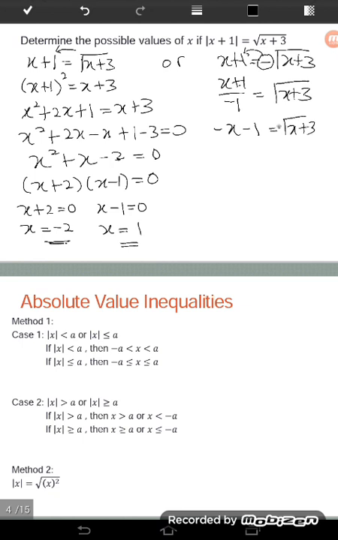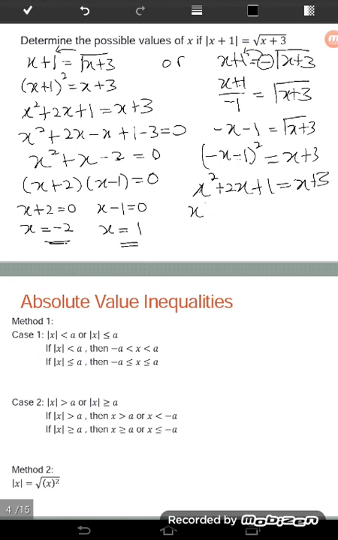Okay, so next move square root, so you will have negative x minus negative 1 square is equal to x plus 3. Okay, so expand negative x square, 2 times negative 1 times negative x, positive 2x, so negative 1 square positive 1, which is equal to x plus 3.